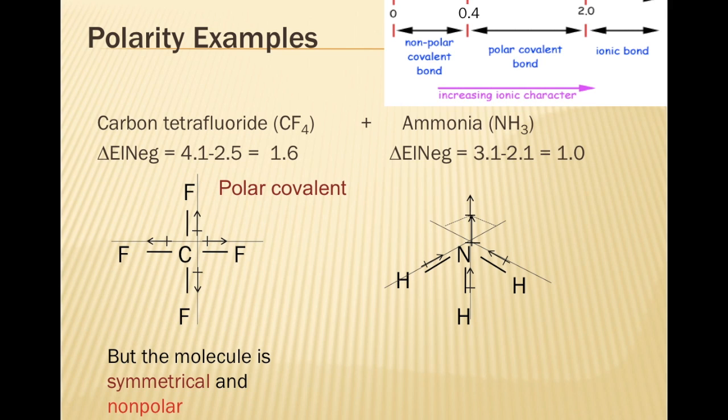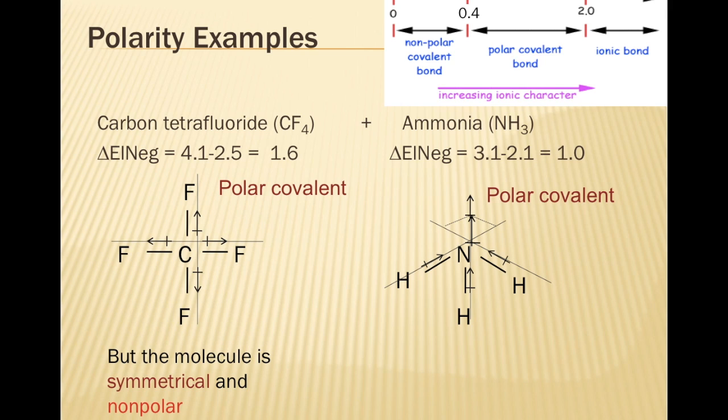And now we'll take a look at ammonia, or NH3. Nitrogen has an electronegativity of 3.1, hydrogen's 2.1. So that difference is 1.0. Again, this is a polar covalent bond. But in this case, we have this trigonal pyramidal shape.